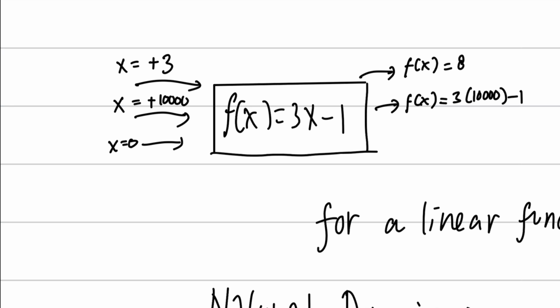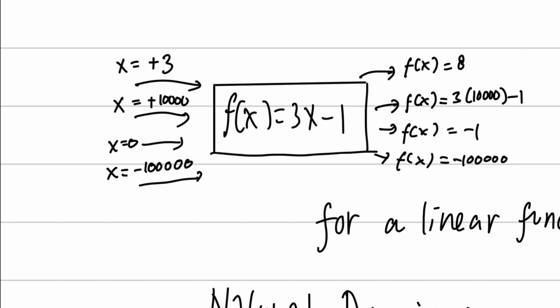Can we put x equals 0? Yes, you'll get another value, which is negative 1. Can we put a very big negative value, minus 100,000? Yes, and you'll get the value.